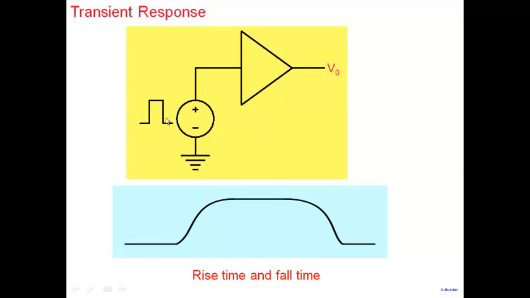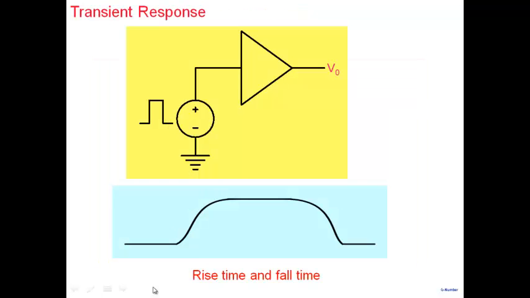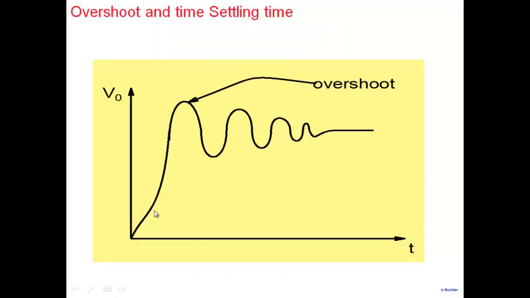Sometimes when you apply an input like this, what you may see is this kind of a response. The output monotonically rises and settles down to its value here. And sometimes the amplifier's response may be like this. You see overshoots and undershoots and gradually it settles down.